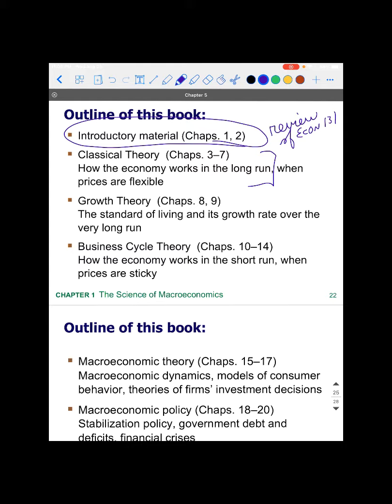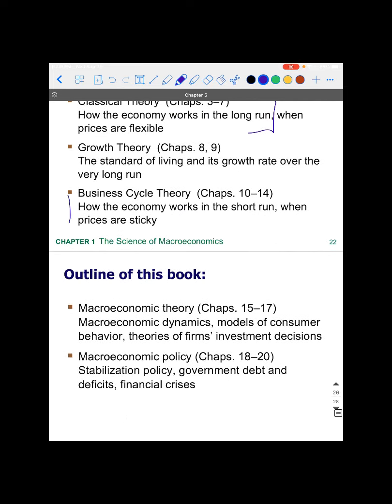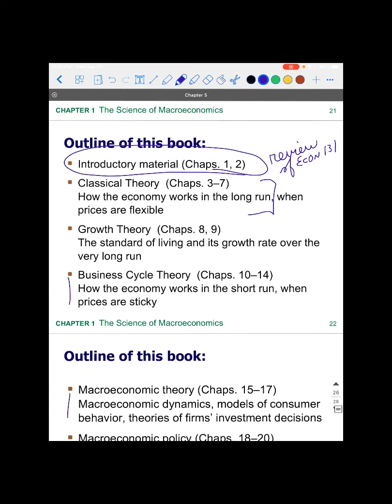Then we finish up this course by taking a selection of business cycle theory, macro theory, and macro policy. That's part 1, part 2, and part 3 of the course.